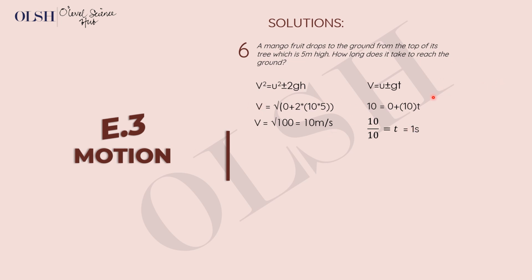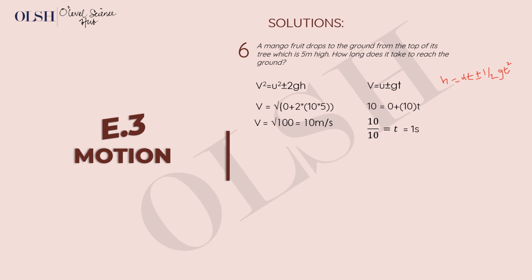Another way to do this, which is a more straightforward way, is to use the formula h equals ut plus or minus half gt squared.